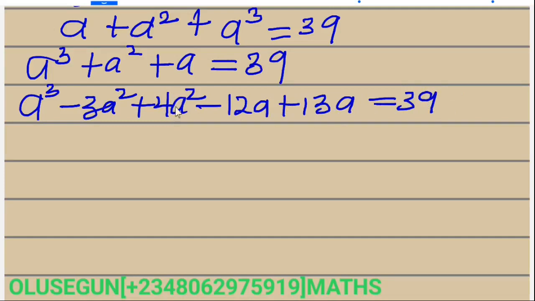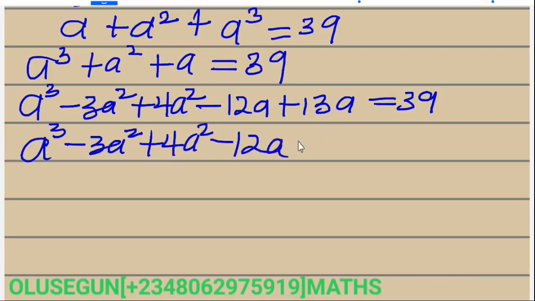And also, I will find a factor that this 4 will also go by the time I add them together. That is why I put 12 here, 13. I can't put 13 here. I will now rewrite to say a raised to power 3 minus 3a squared plus 4a squared minus 12a plus 13a minus 39 is equal to 0.